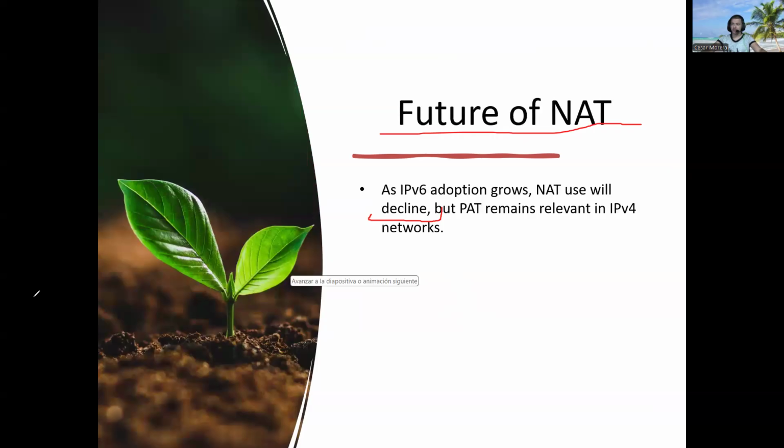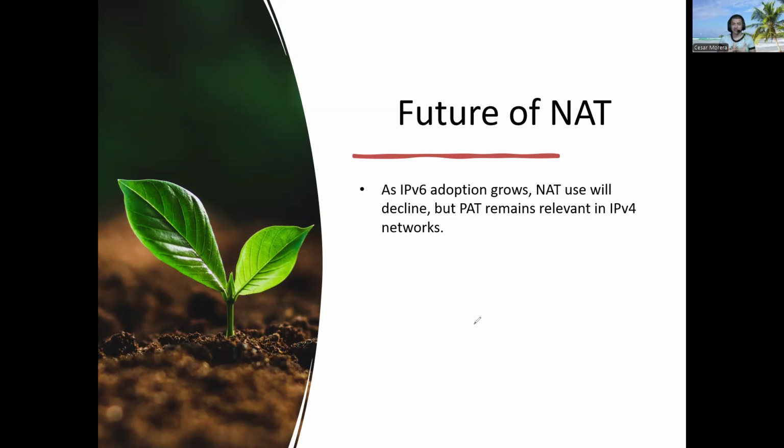Next, let me clear the board. What comes to your mind when you think about the future of NAT? As IPv6 adoption grows, and I showed you the example of Japan, which is using more IPv6 integration and technologies every day, NAT use will decline, but PAT remains relevant in IPv4 networks.